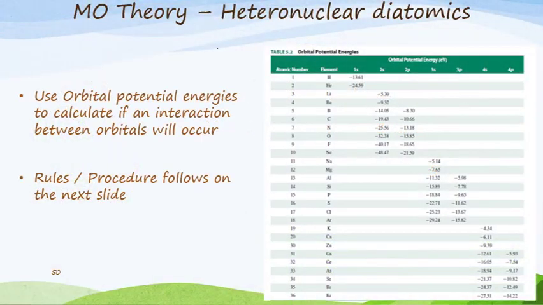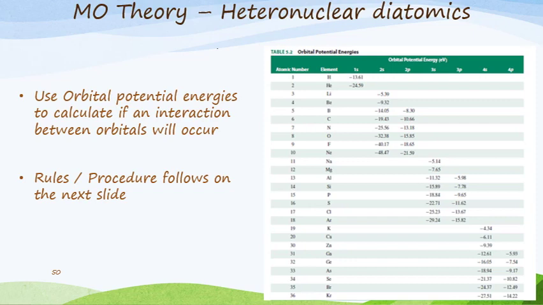This is the last part of the unit on molecular structure and bonding, where we're going to look specifically at molecular orbital theory for heteronuclear diatomics. Okay, we handle these very differently to homonuclear diatomics.